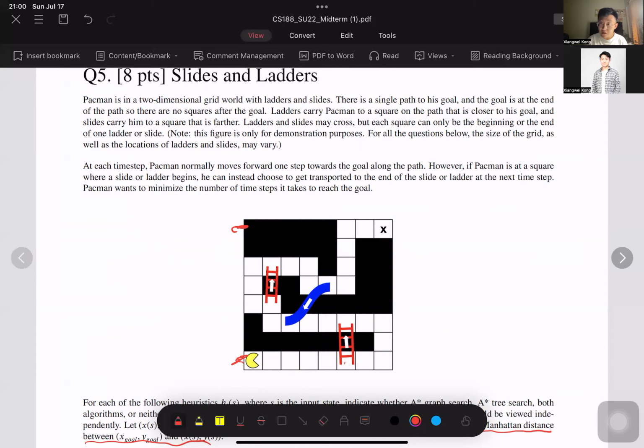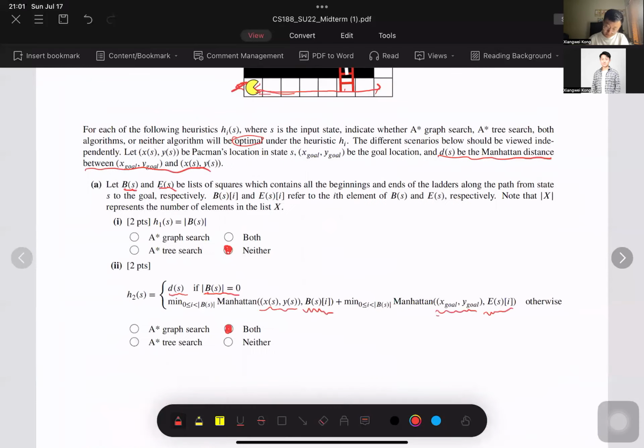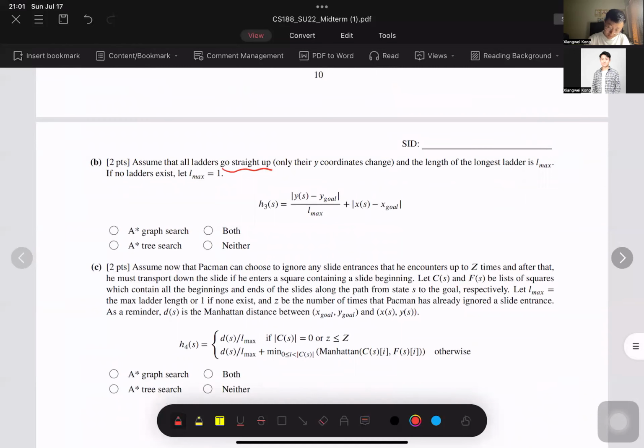Given the longest length, that will be the shortest possible path to get to the goal, plus the x distance from Pac-Man to the goal, because no ladder will send Pac-Man to the goal. So this heuristic will not be an overestimate. The heuristic is actually optimal for both searches.